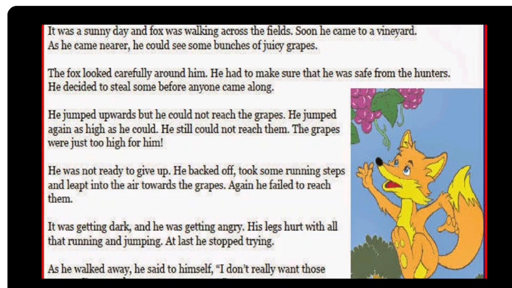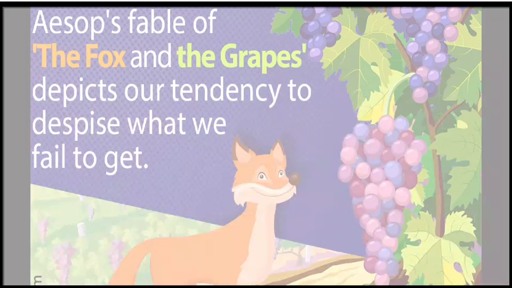He consoled himself by murmuring, the grapes are sour, so I do not wish to eat them. So that's all for the story. Now, the moral. Aesop's fable of the fox and the grapes depicts our tendency to despise what we fail to get.